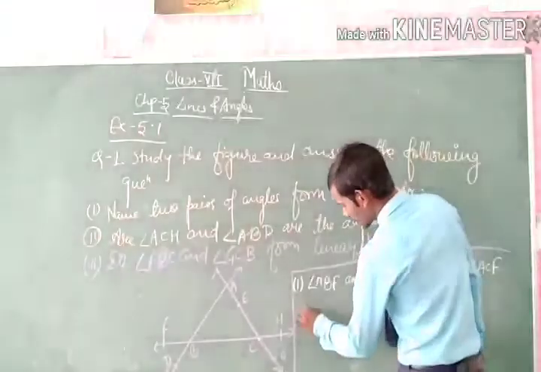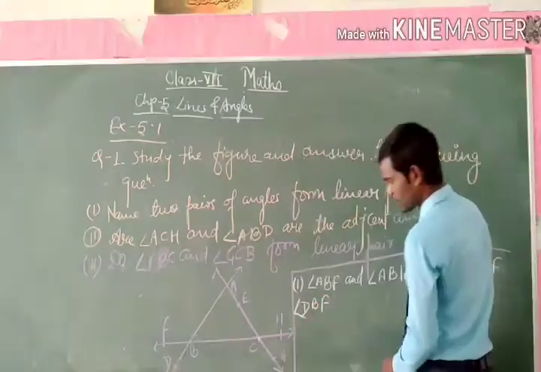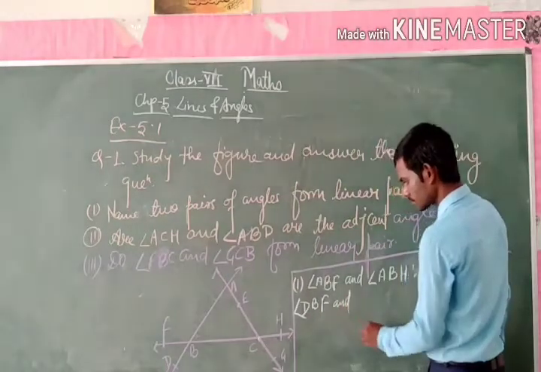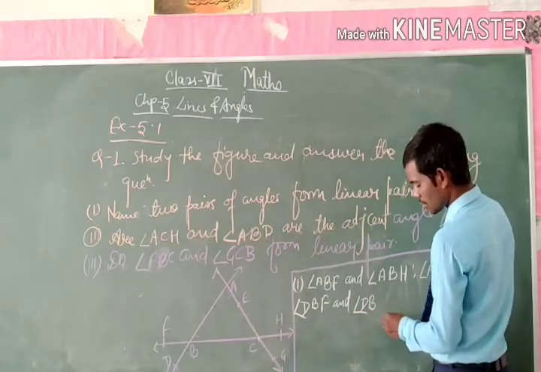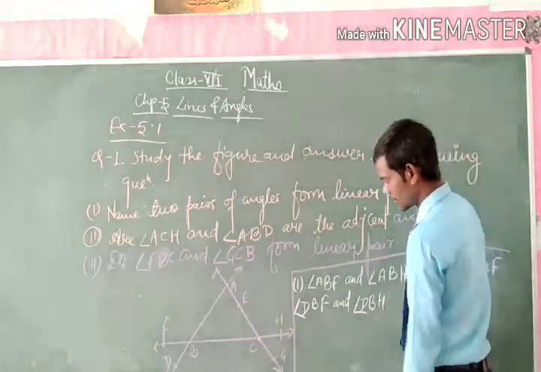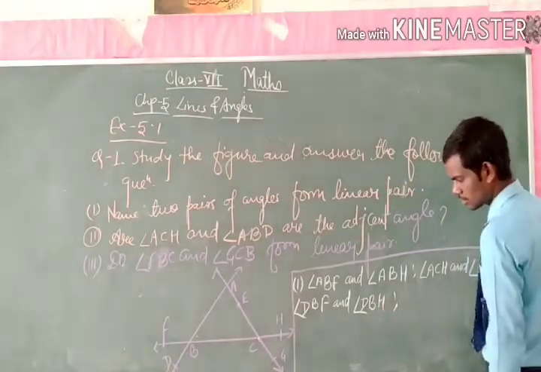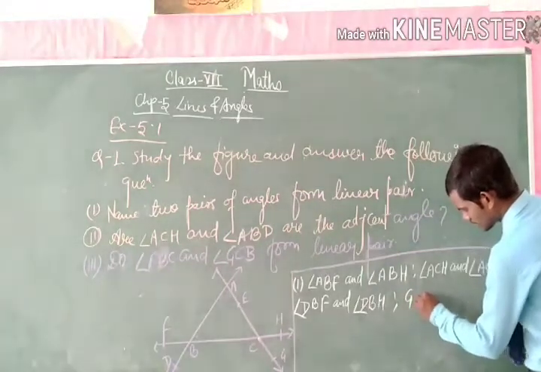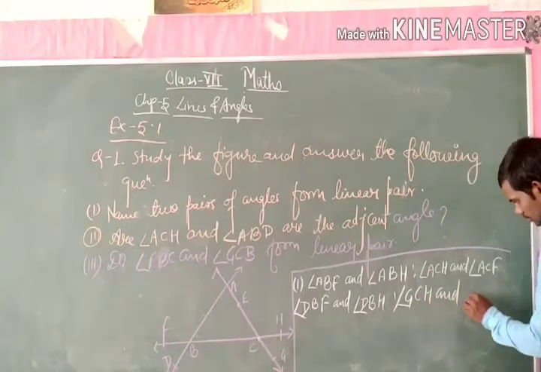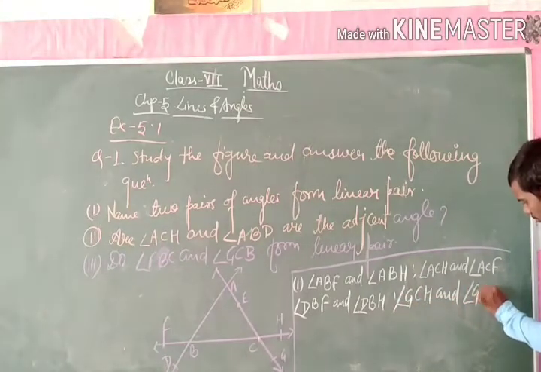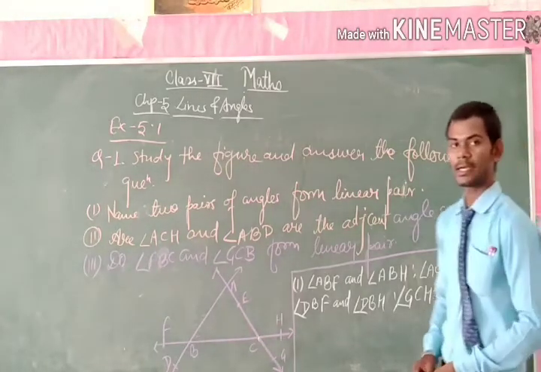So we can write DBF with the first angle and DBH as the first linear pair, and GCH and angle GCF as the second linear pair.